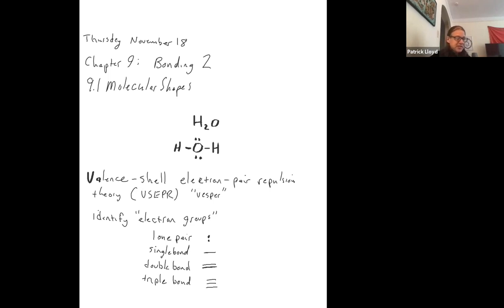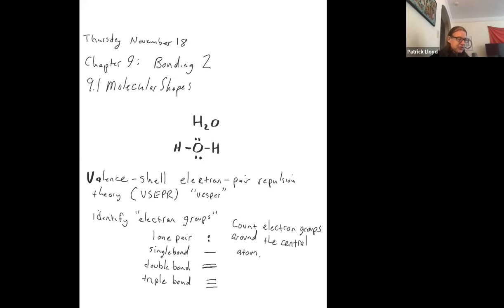Three pairs of electrons, but that's considered one group. And what we do in VSEPR theory to begin with is we count electron groups around the central atom. That's the first step. In particular, the central atom.